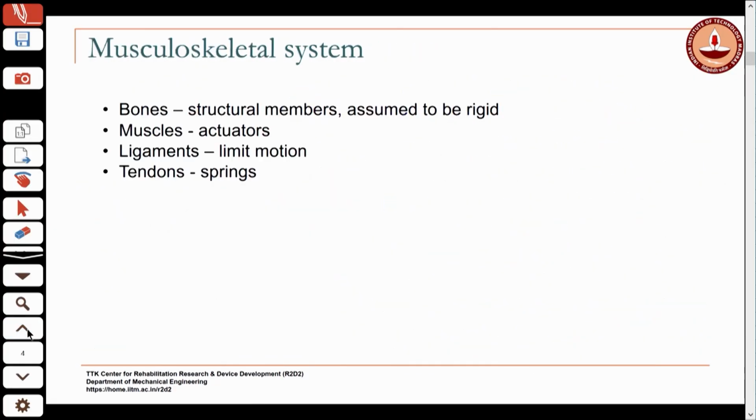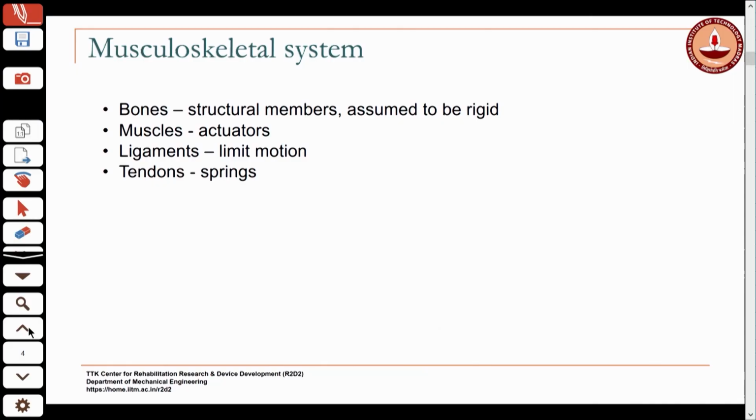When we look at the structure of the musculoskeletal system, as engineers we can draw parallels to the structures in the human body to what we are typically used to. So, in the skeletal system, the bones are considered the structural members.